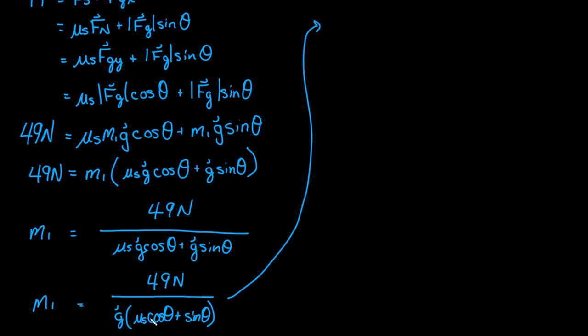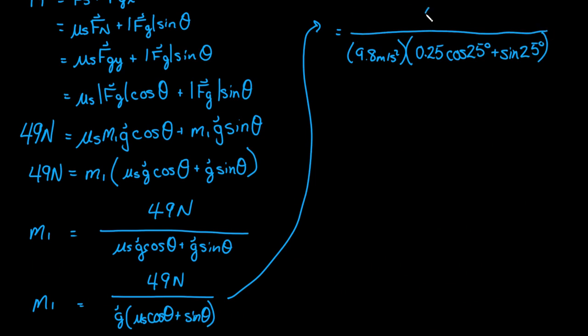We have all these, so now let's just plug them in and solve. Gravity is 9.8 meters per second squared. The coefficient was 0.25, and that's multiplied by the cos of 25 degrees plus the sine of 25 degrees, and that's all dividing 49 newtons. So I'm just going to simplify that second term.